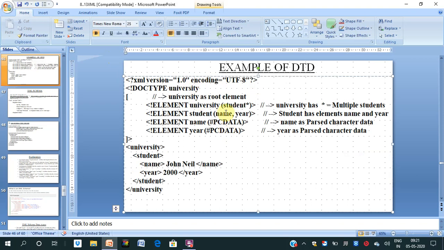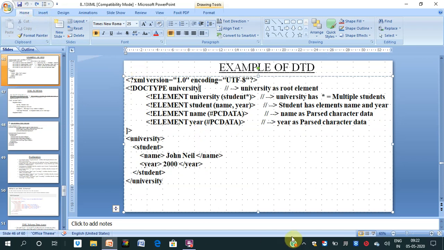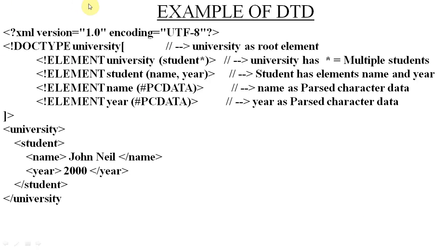This is also a very important program. In this example we have given the element student, but after student we have given the star. It means the student element has sub elements. Inside the student element we have name and year, and name is PCDATA, year is PCDATA.